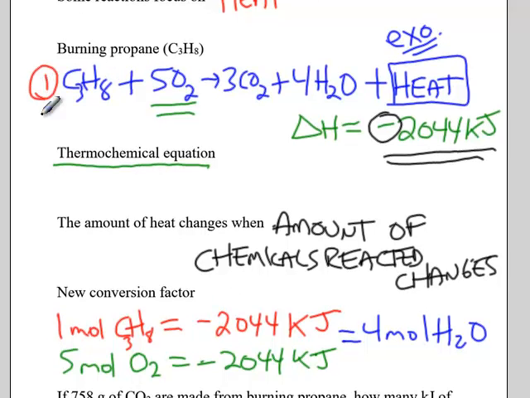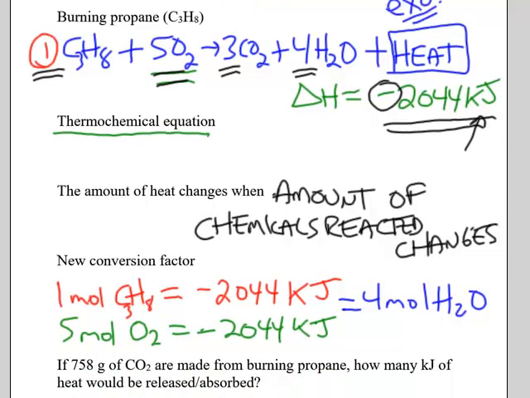So this thermochemical equation doesn't look like a conversion factor that we're used to, but remember, conversion factors have 2 units, and the 2 units, one of them is the moles, which is from the coefficient of the balanced equation, and the other one is the kilojoules in the delta H.